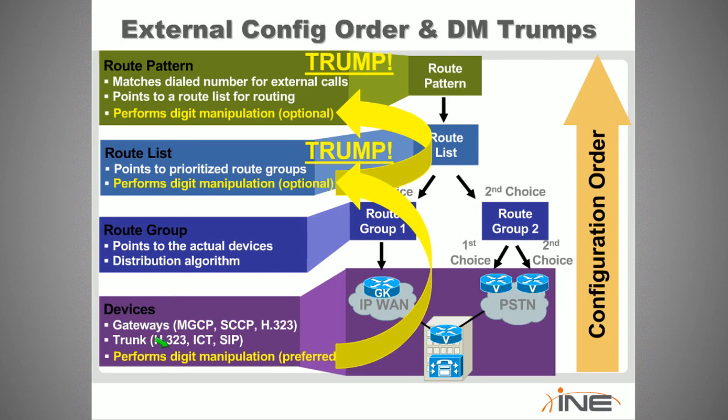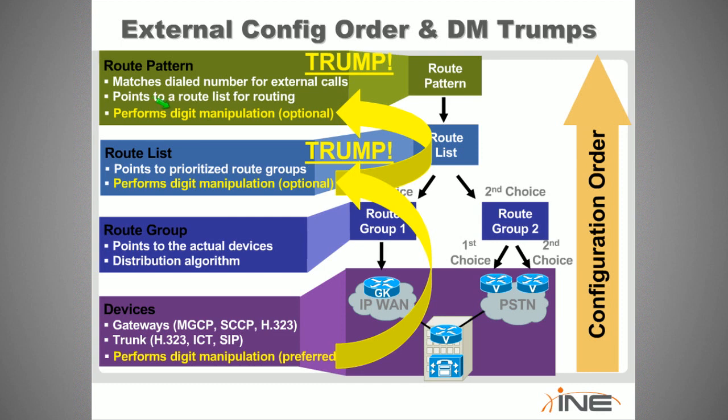Then as we go on down the line, from route list details to the route group, we get to the device. If there is a calling or called party transformation, again, there is no actual transformation here. When we were at the route pattern, we performed whatever digit manipulation we wanted based on the calling or called, or possibly both, and they are treated independently.